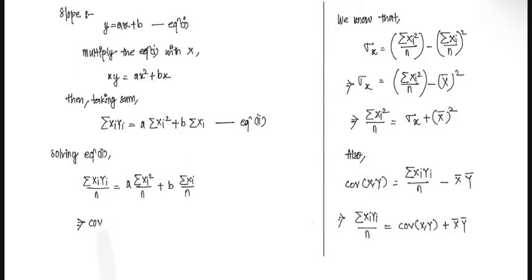Where covariance of x comma y plus x bar y bar, a constant, put the value here, a sigma x plus x bar whole... no square of this, sorry, this is my mistake, x bar. This is your equation 3.